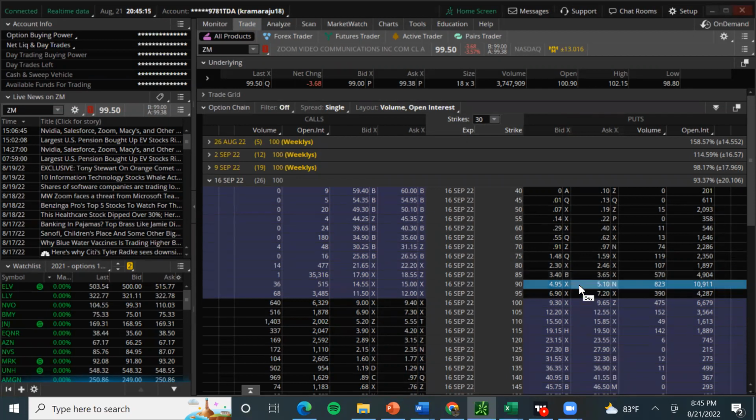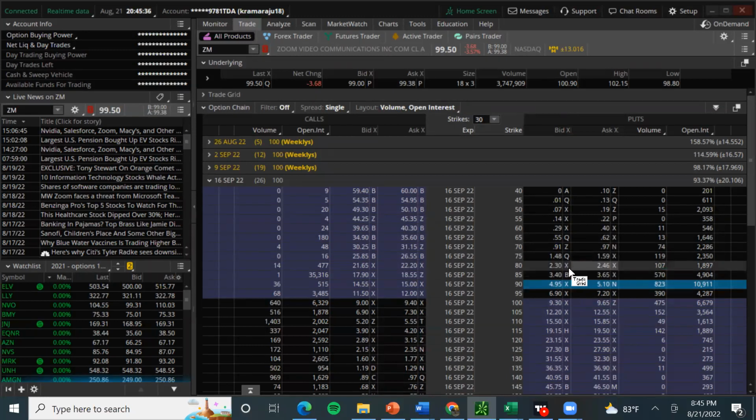If it goes to 90 but not less than 80, you are making a lot more profit. Even if it goes less than 80, you can make profit. Only thing is your profit might get limited, because these premiums are also increasing.